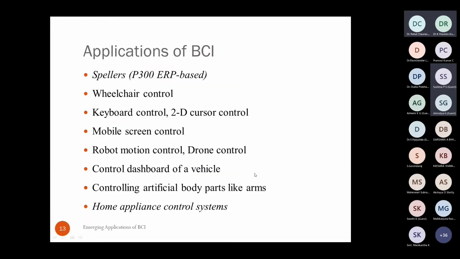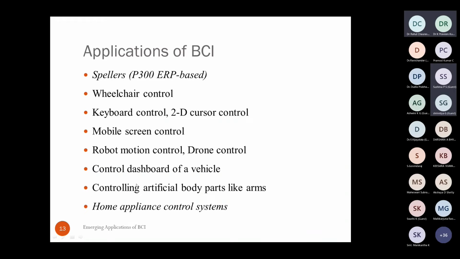Then you can use the brain computer interface for wheelchair control. You can use it for keyboard control or 2D cursor control. You can move your mouse or type on your PC just by your brain. It can be used for mobile screen control, robot motion control, drone control, controlling the dashboard of a vehicle, and controlling artificial body parts like arms.